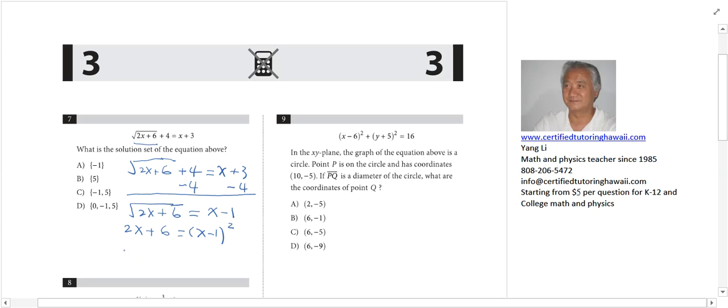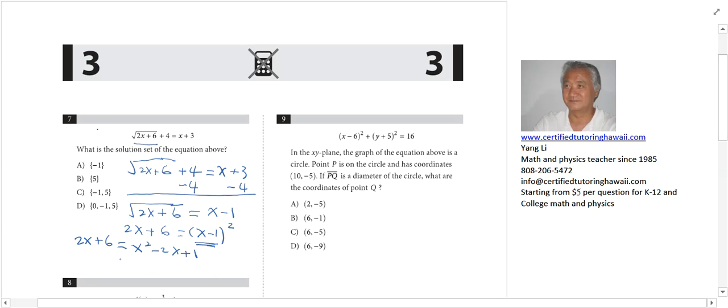Now you need to simplify, okay? So I break this one down, and I put the work here. So we're going to have what? 2x plus 6 equals, when you break this one down, x squared minus 2x plus 1.